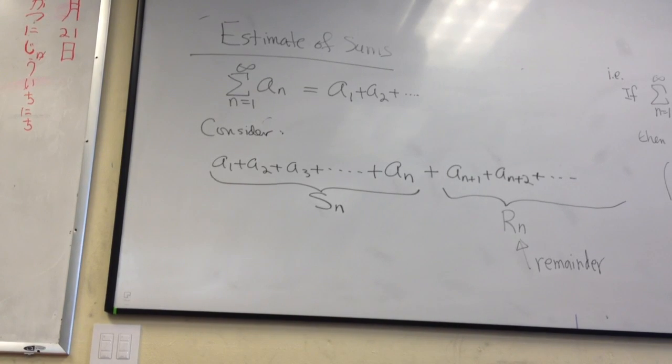Okay, so that's just introducing one more notation, capital Rn, and then the estimate of sum says the following.